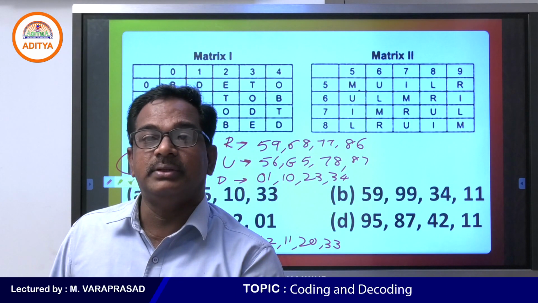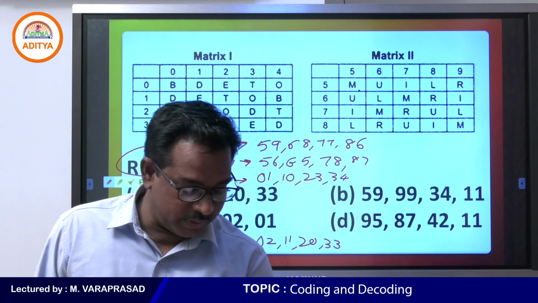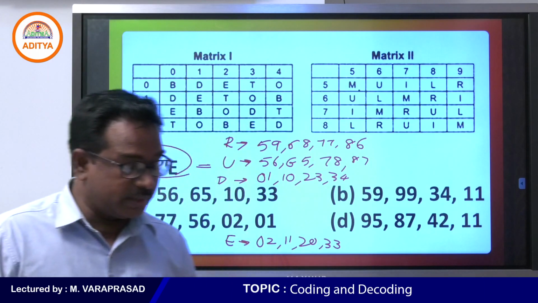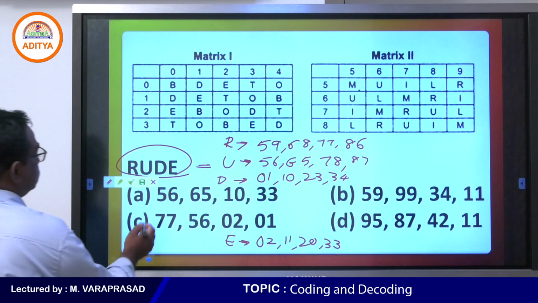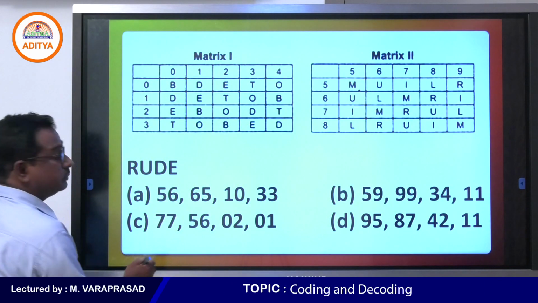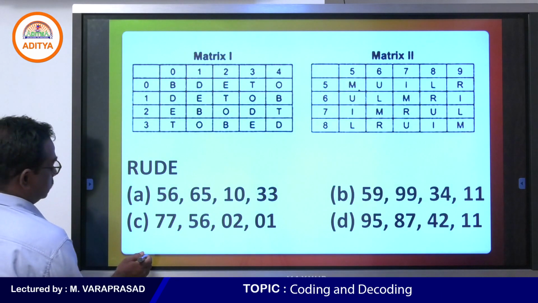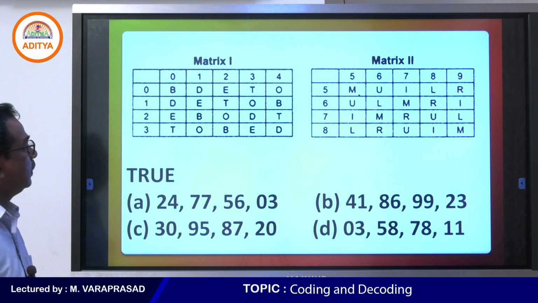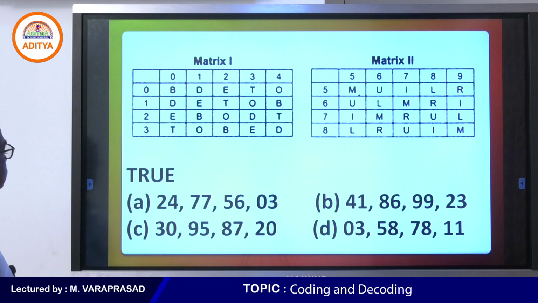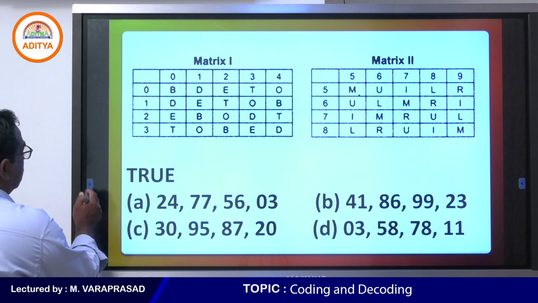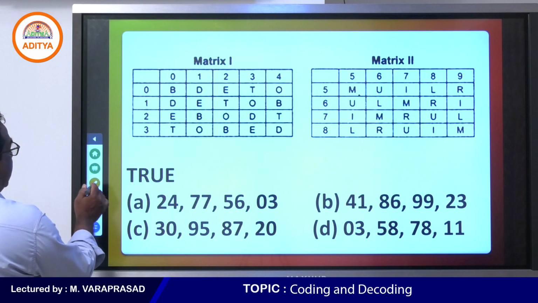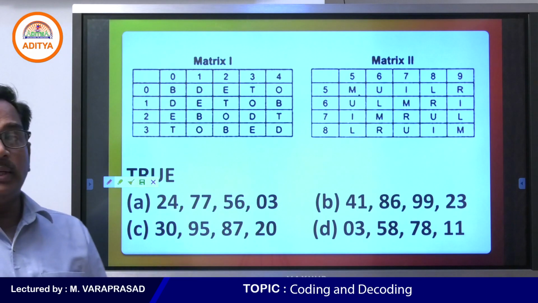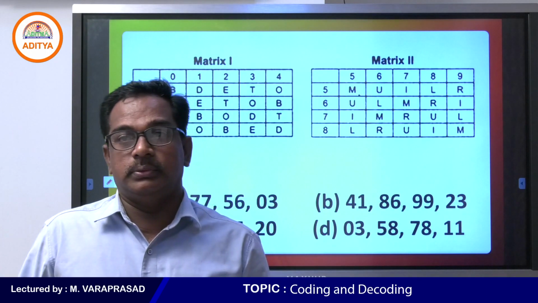Right, very good. One more example you can write. So what is the one more example you see? So what answer will you get? True. What answer will you get for True?